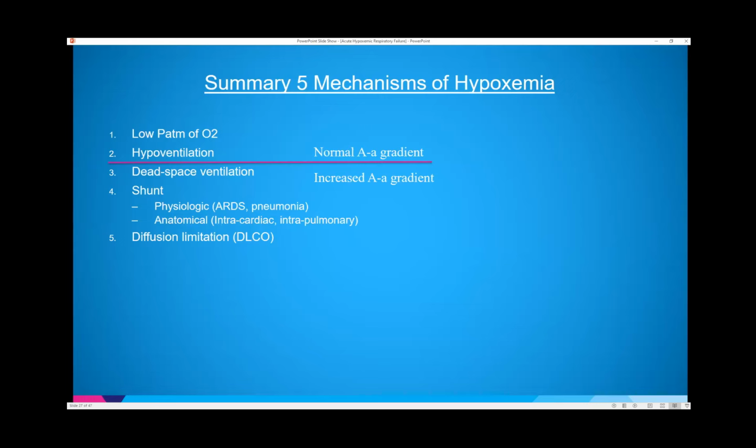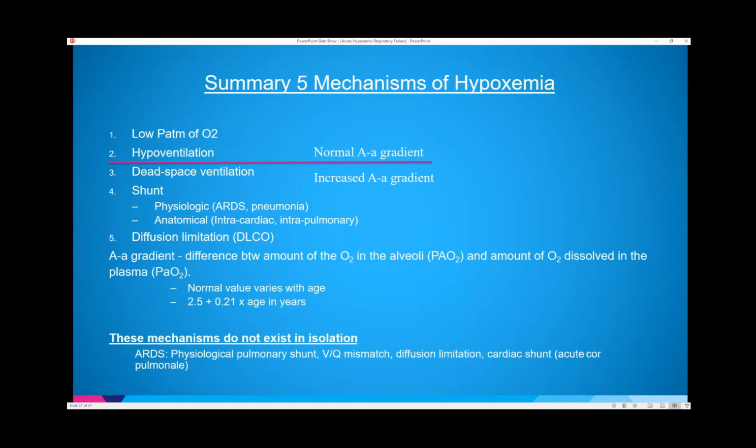With dead space ventilation, shunt, and diffusion limitation, I'll have an increased AA gradient. And we talked about that AA gradient already and how it can vary based on age. So it's important to take the patient's age into consideration and not just have a set number for what is an increased AA gradient. The last thing is shunt, very difficult to correct with oxygen therapy.